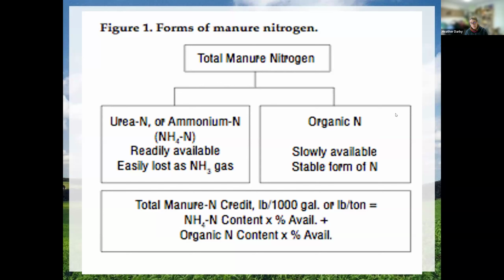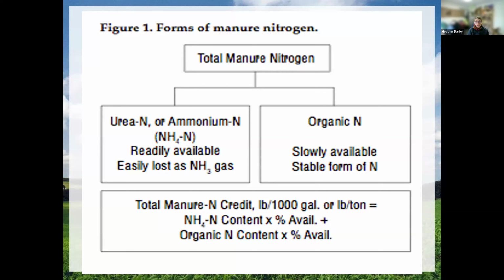The other nitrogen in your manure is in the organic form. Okay, so nitrogen stuck onto carbon. We know, you just learned, that this, to become available, has to be broken down by microbes. And how quickly it gets broken down depends on lots of factors, right?